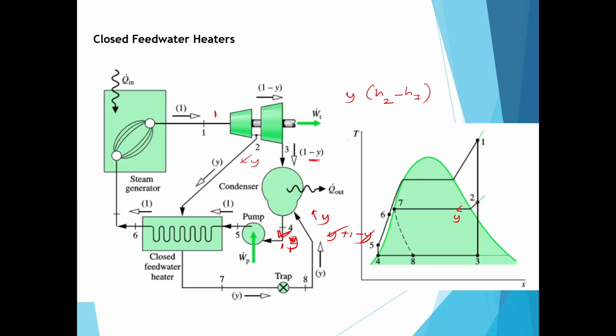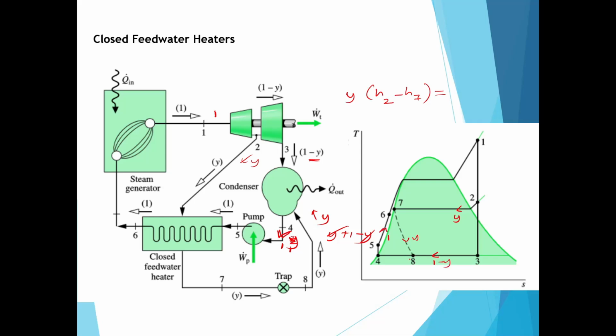So the heat supplied by the extracted steam is Y times (H2 minus H7), which should equal the energy for the 5 to 6 heating. This heating is achieved from this energy, right? What we are getting from here is again Y, because we are getting Y here and 1 minus Y in here.